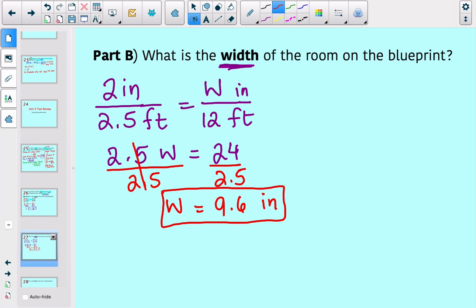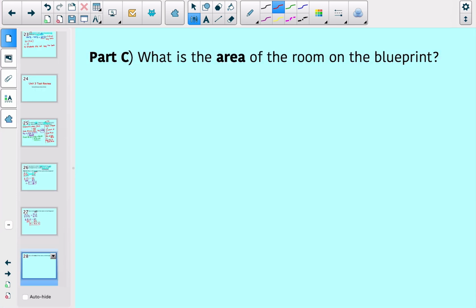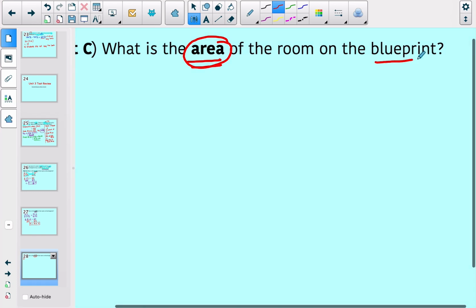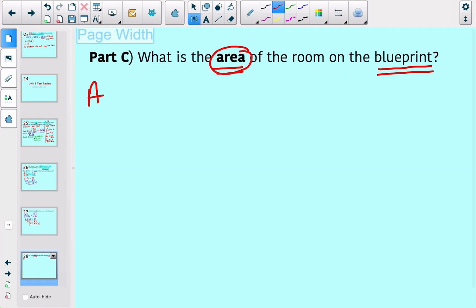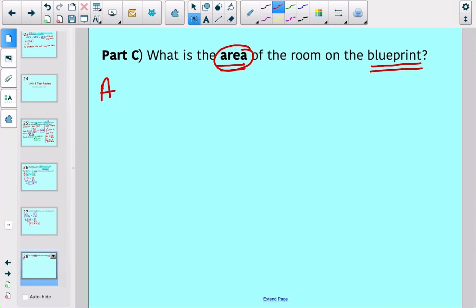All right, now part C. Now I know I calculated my length and width, so I have to calculate the area. The area on the blueprint, not the real, not the actual size, but the blueprint. So I know area equals length times width.